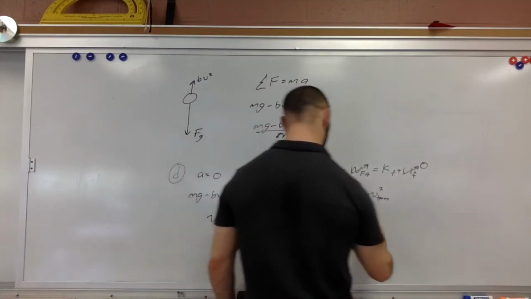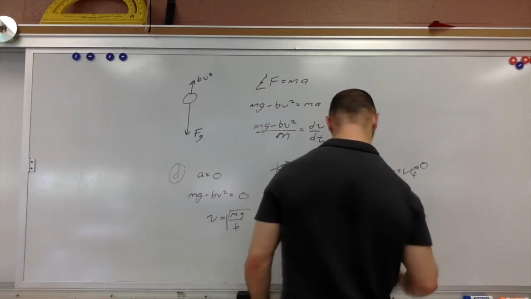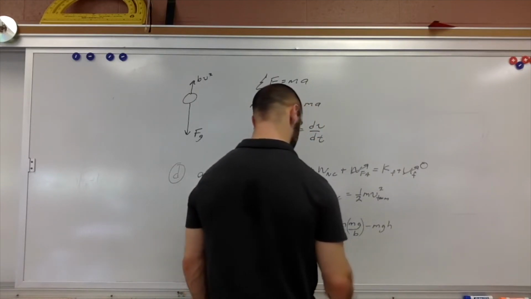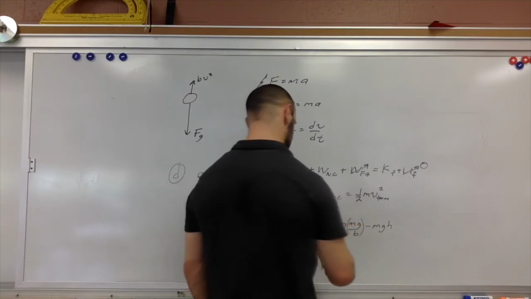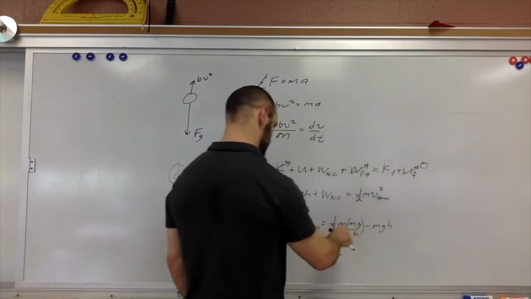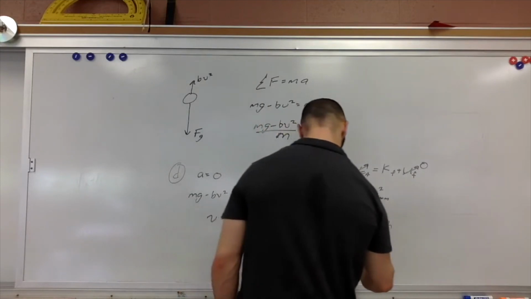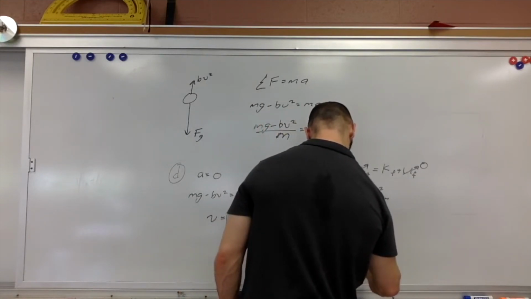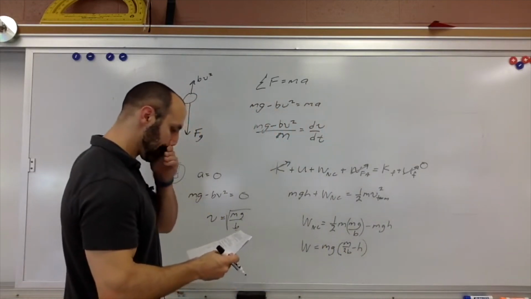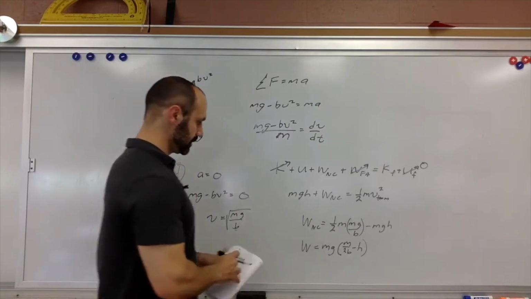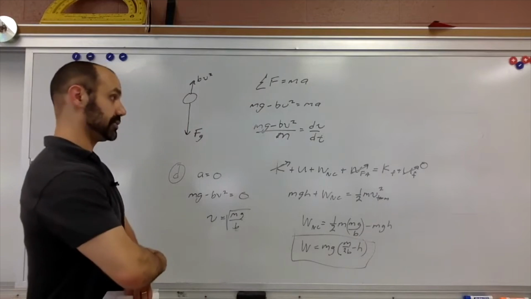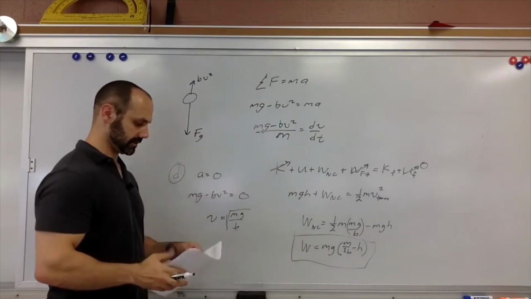And then minus mgh. So the work done by air resistance, I can bring out an mg, and then I've got another m over 2b minus h. And that's it. Okay, so that's using GAPSI in solving a problem like that.